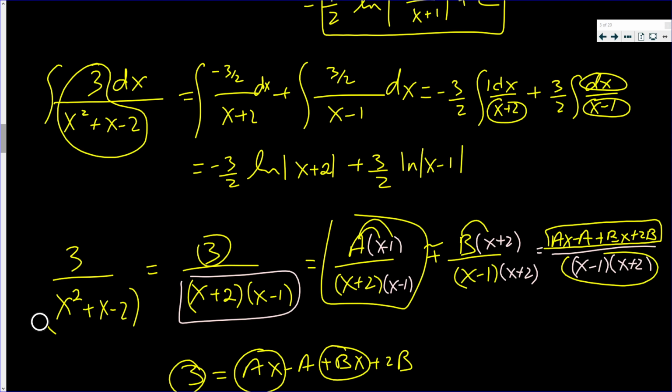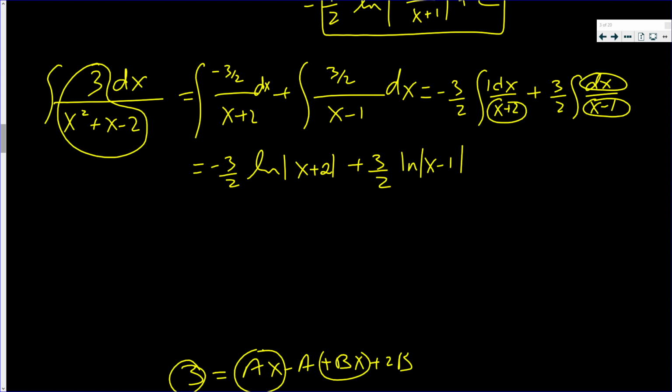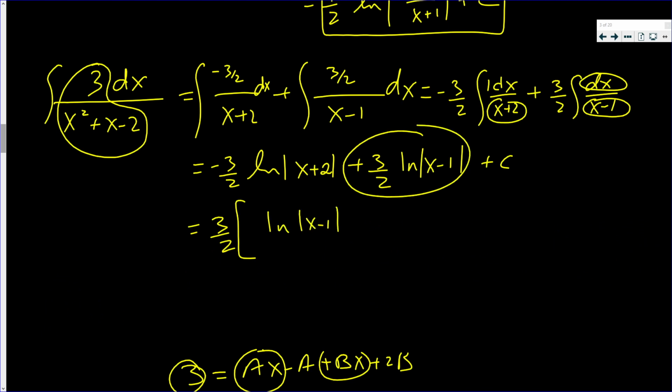Okay, let me erase this so I can finish up the answer nicely. Of course, plus c. Now, I can factor out 3 over 2. Let me write this first. I factored out the 3 over 2. So I have ln of x minus 1 minus ln of x plus 2.